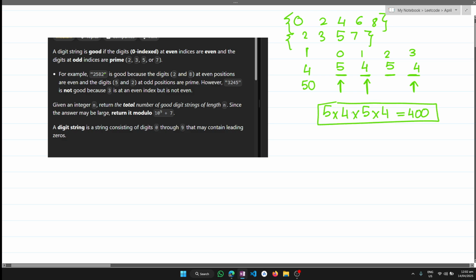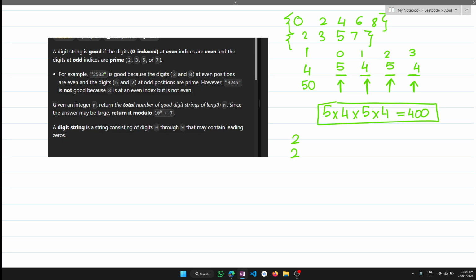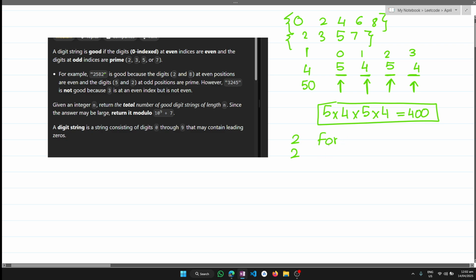The easiest approach would be that you calculate how many odd indices there are: there are 2 odd indices. How many even indices are there? There are 2 even indices. After doing that, the simplest approach would be to run a for loop 2 times and do 5 into 5, and then run a for loop 2 times and do 4 into 4. But if you already know that you have 5 2 times, why are you doing 5 into 5?